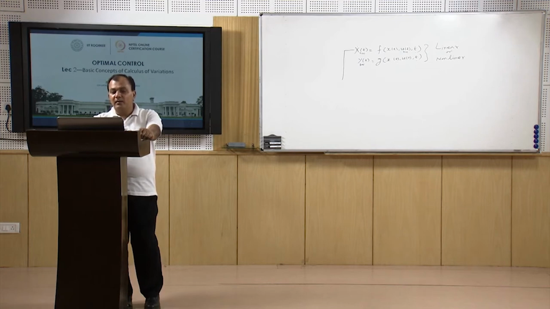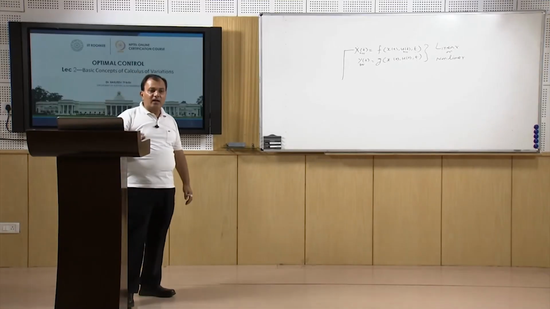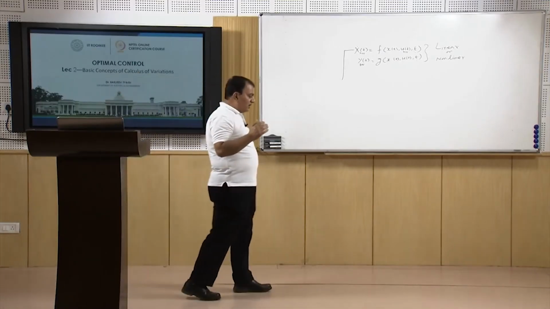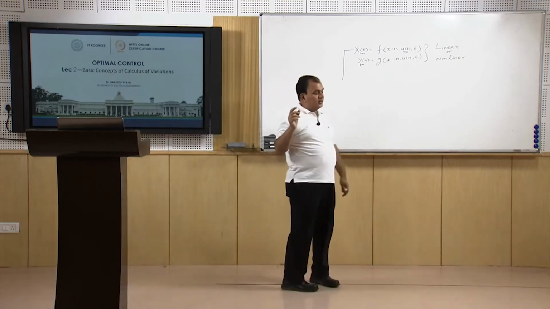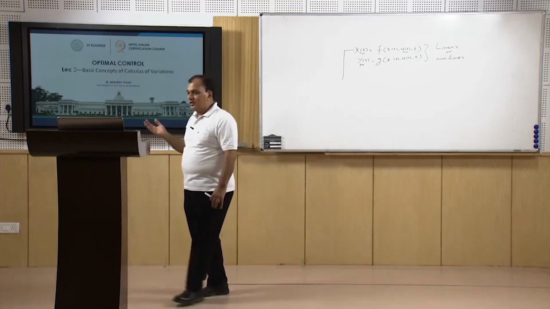Similarly, the same logic we can apply to the F. So, Q and F will be positive semi definite matrices, and Q and R are time varying, because as a general system I am considering a time varying system. It may be linear, it may be non-linear.